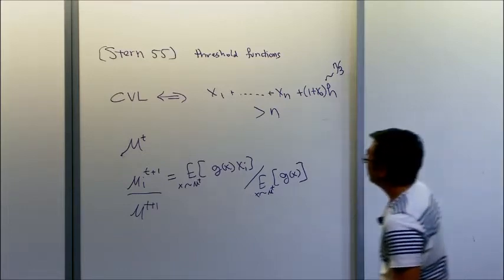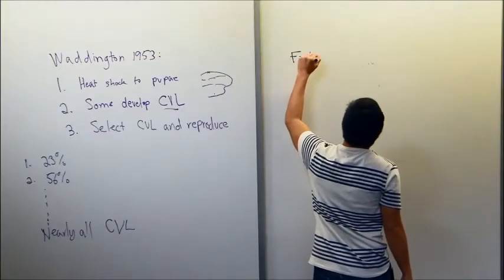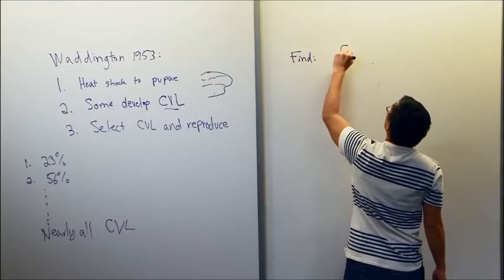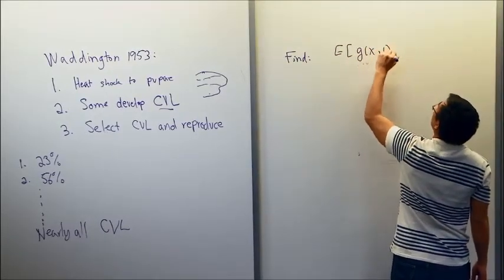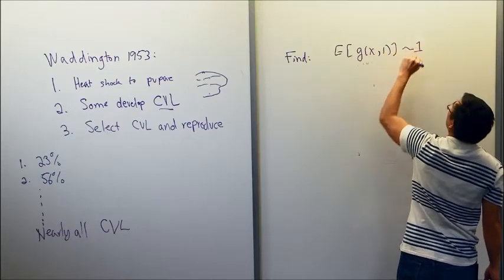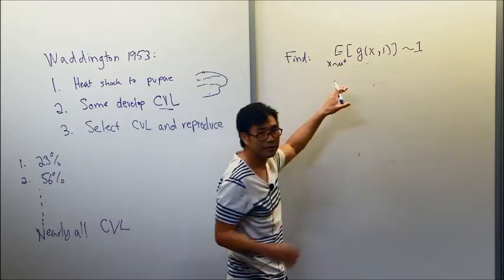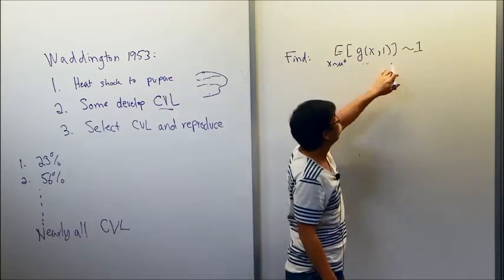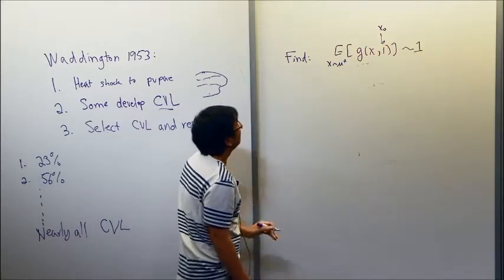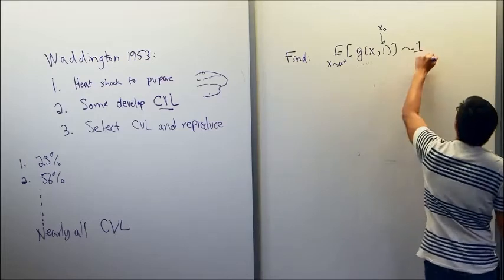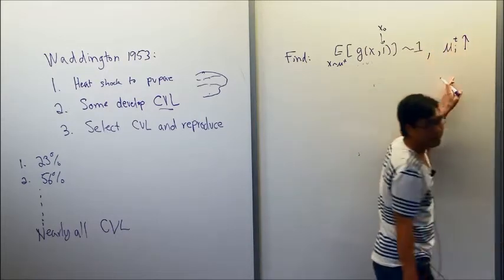And so after doing the calculations, you find that after enough time, the function is almost always satisfied when you, so this is the variable for heat shock, right? And you also find that the mu i's have gone up.